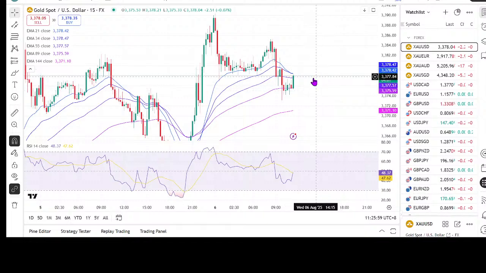That 78, we should not see the price going above 81 for today, if we are right that this is going to be the weekly high.